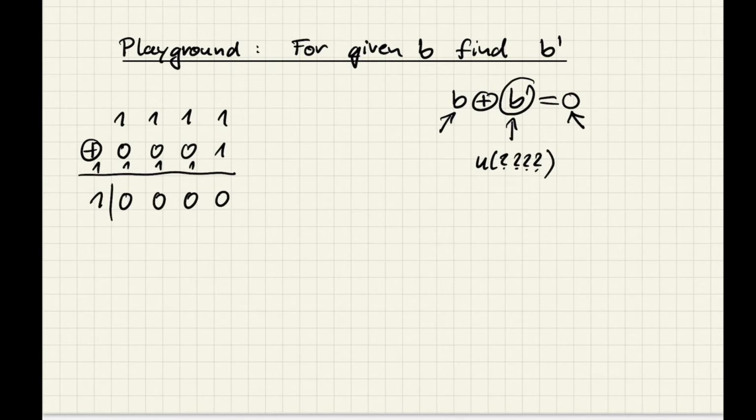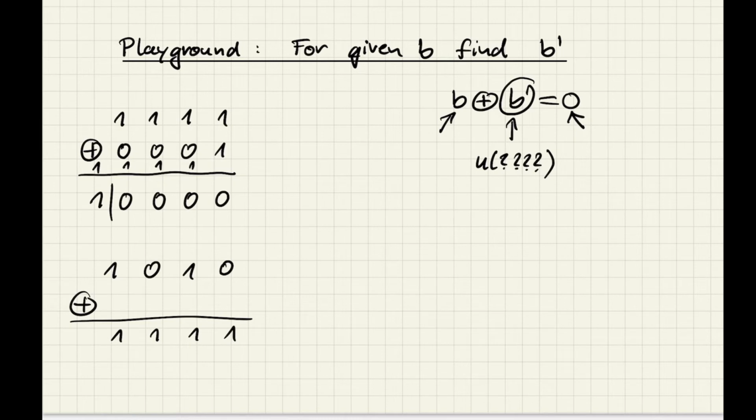Now, assume that I have some other bit pattern, 1, 0, 1, 0. I will not solve the problem in one step. I will not show you how to get exactly the 0 here, but I want to ask you the question: what bit pattern would I have to use here in order to generate a bit pattern with only ones?